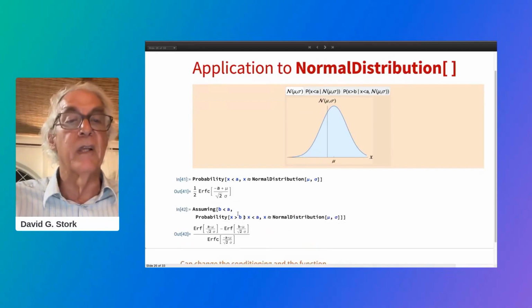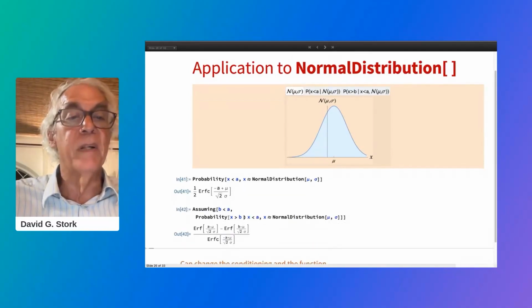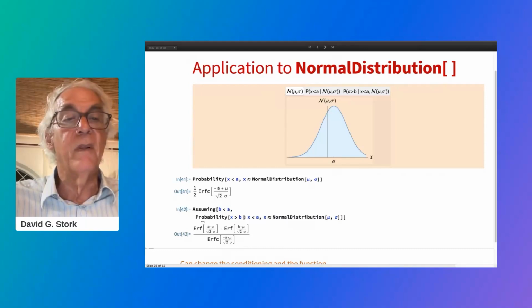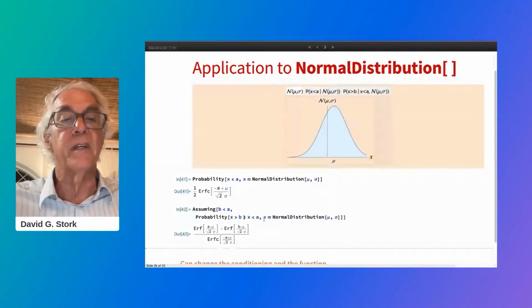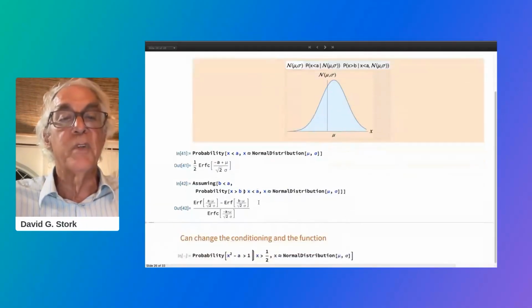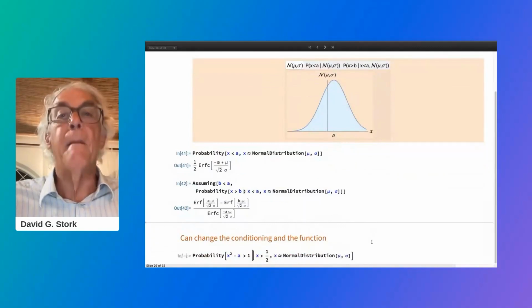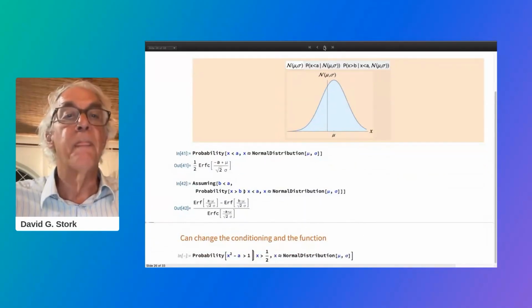And similarly, what's the probability that x is greater than b, given that x is less than a, assuming b is less than a, etc. All these kinds of things. So it's a little more sophisticated than you typically do on Wolfram Alpha, and changing conditions.